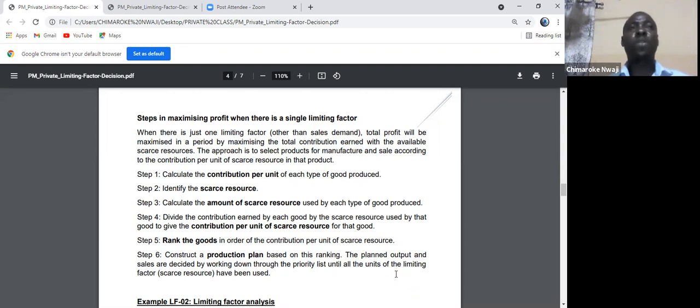Perhaps when you are in product rank 3, you may not be able to satisfy everything in 3. You will satisfy as much as the remaining resource can carry, and you stop so far.